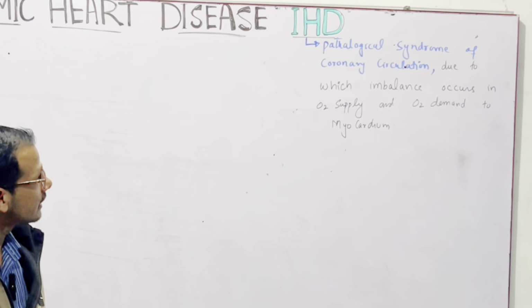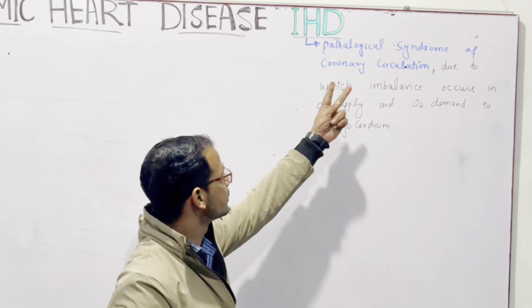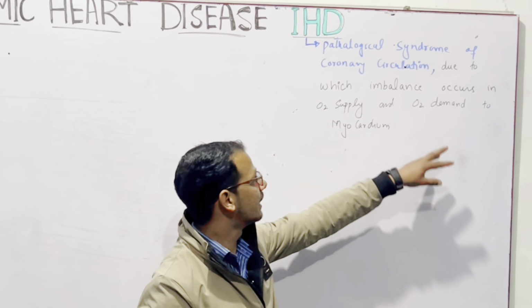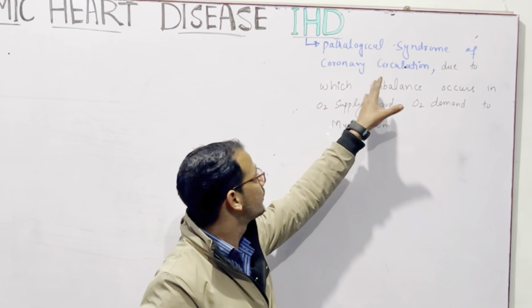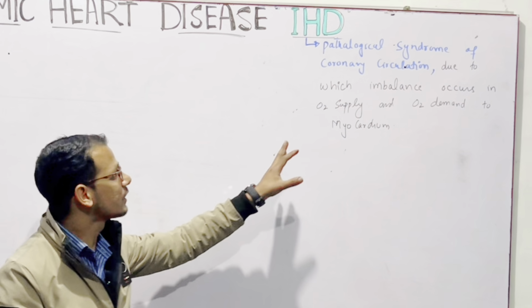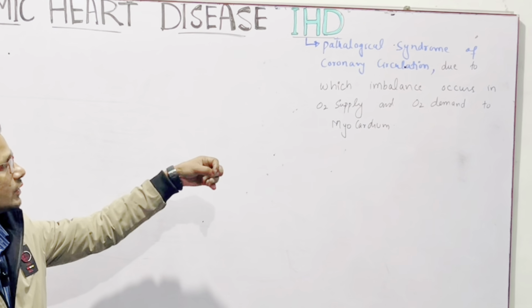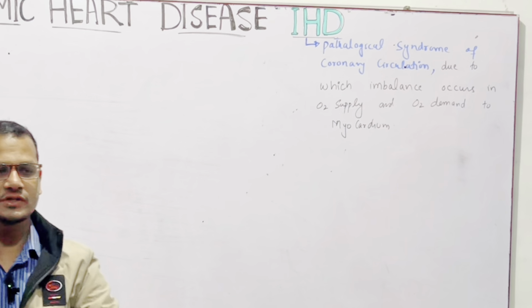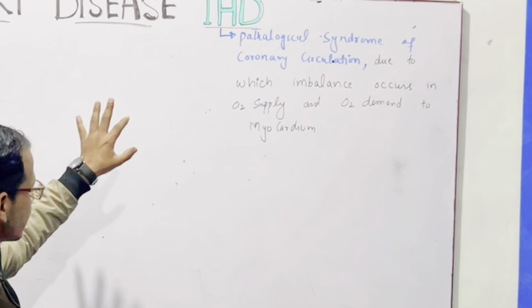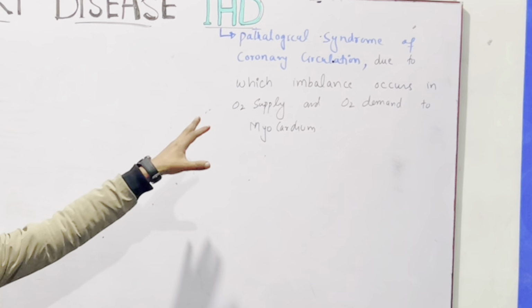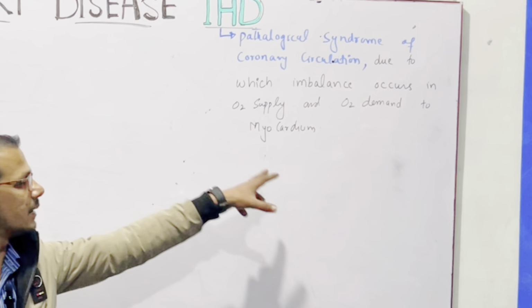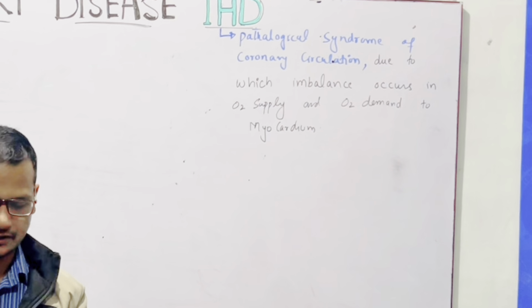We will focus on the coronary circulation, mainly on the left side. It is called a syndrome because it is a condition in which usually more than one disease is involved.